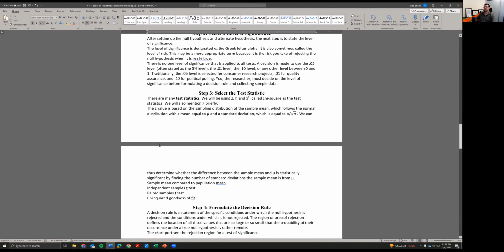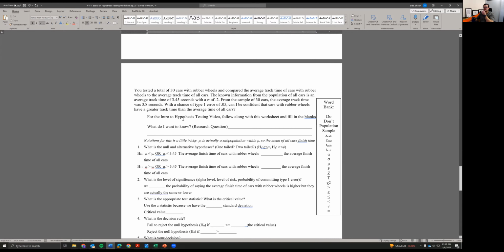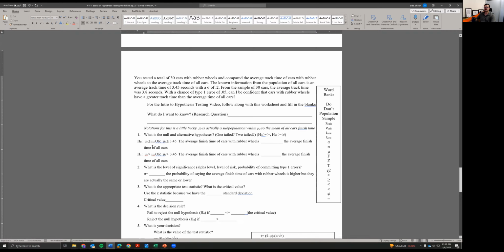Okay, so we've got this right here. What do I want to know? First of all, is the average finish time of cars with rubber wheels greater than the average finish time of all cars? And then right here, what is the null and alternative hypothesis?